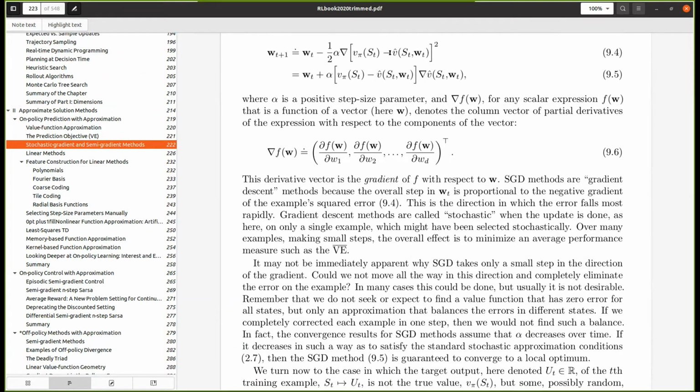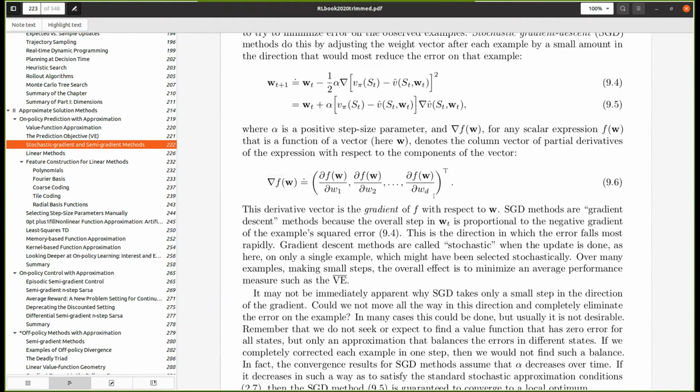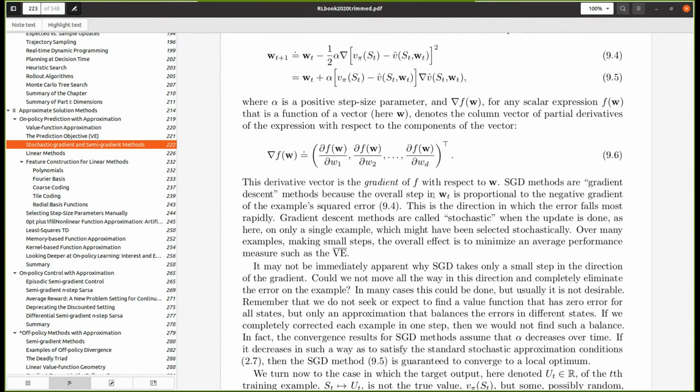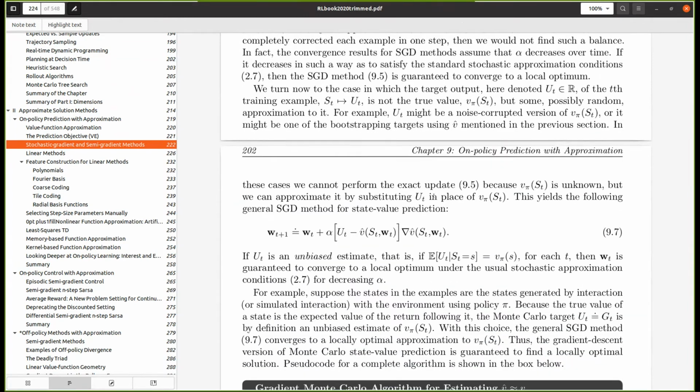An important thing to notice is that we assume, and it's obviously the case here, that our true value function is independent of our weights, right? That is why it is treated here as a constant. So it's independent of W, but when doing bootstrapping, it will be more tricky. So we will get to that.